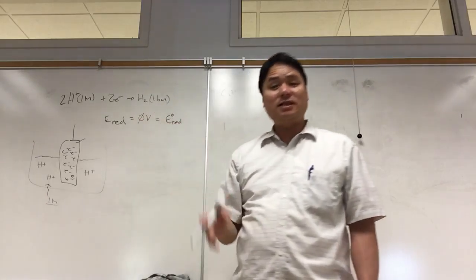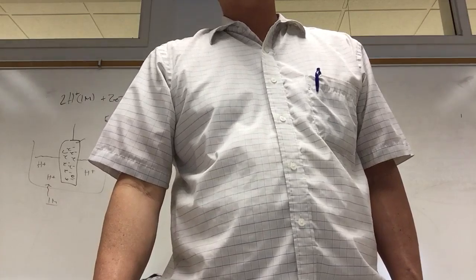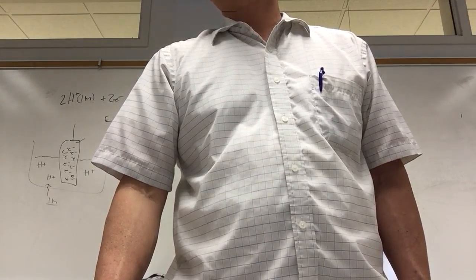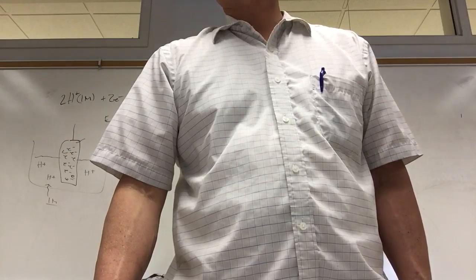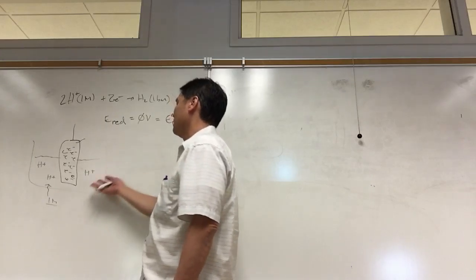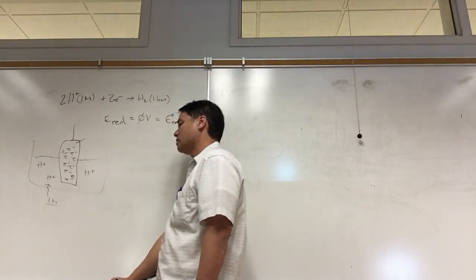It's like 0 C. If the temperature is 0 degrees C, does that mean it has 0 temperature? No. The temperature is 0 degrees C, but it does have temperature, right? Well, the same thing. This has 0 volts, but it does have some pulling power. It's a decent oxidizer.